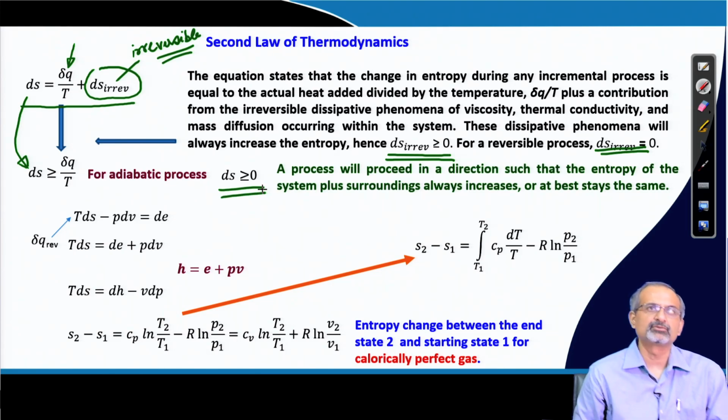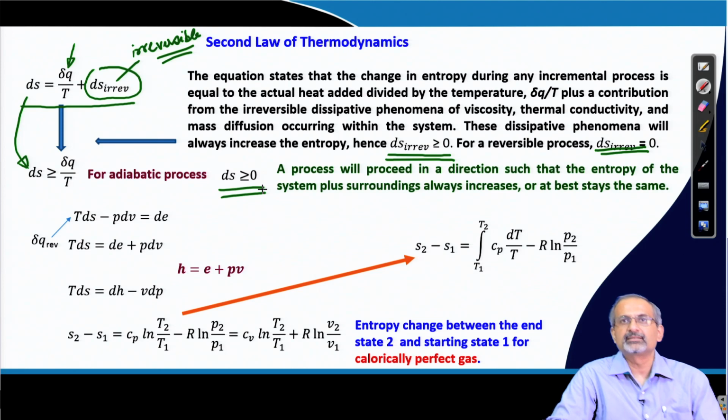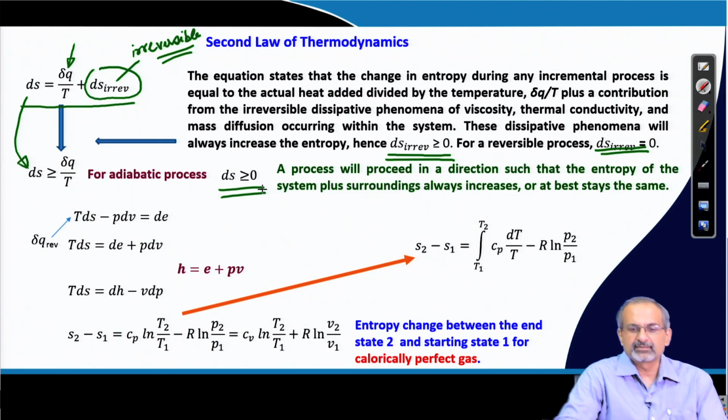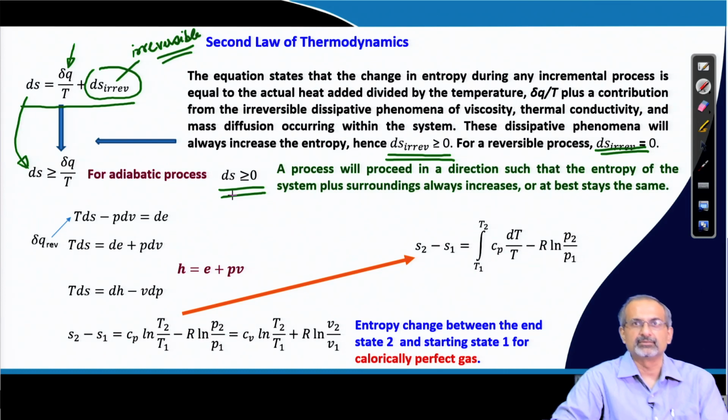That means, even though there is no heat transfer, due to irreversibilities within the system, the entropy will be greater than equal to 0. So, the process will proceed in general in a direction such that the entropy of the system plus surroundings always increases or at best stays the same. So, when it stays the same, we are talking about the equality, otherwise it becomes greater than 0.